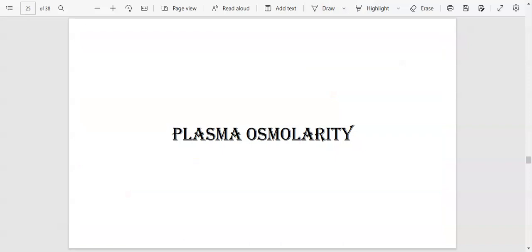So we also have what is called plasma osmolarity. We need to understand there's a difference between osmolarity and osmolality, just like there's a difference between molarity and molality. This is osmolarity, with an R. Osmolarity with an R tells us the number of osmoles divided by the liters of solution.